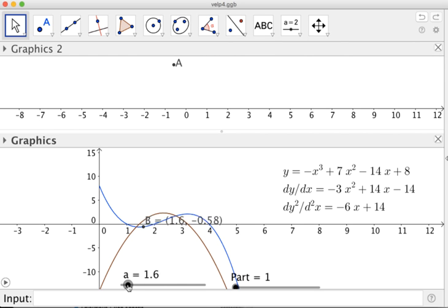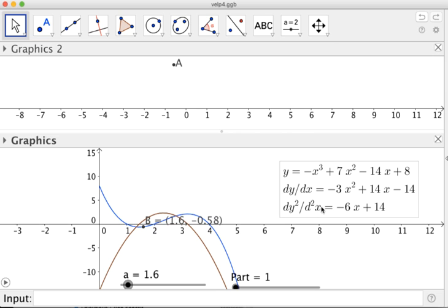We've graphed the function y equals -x cubed, etc., so that as point B moves, its x-coordinate is the time t, and its y-coordinate is the position along the x-axis of our point A. When this function is decreasing, our point is moving to the left. When it's increasing, the point is moving to the right. So it changes directions at these local minimum and local maximum points.